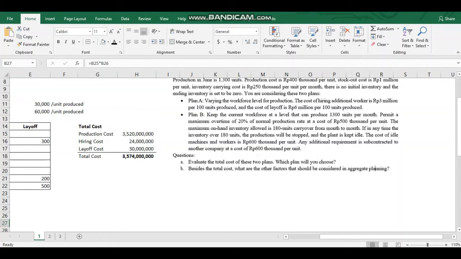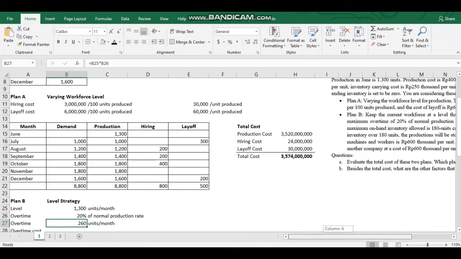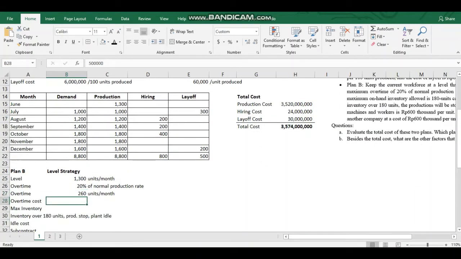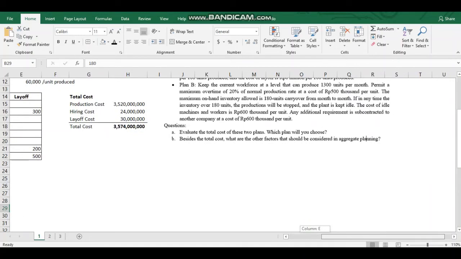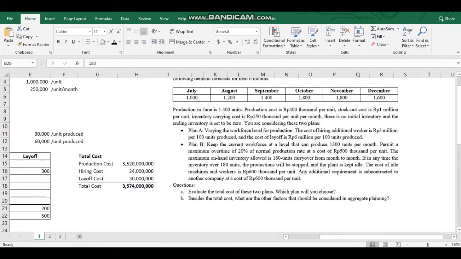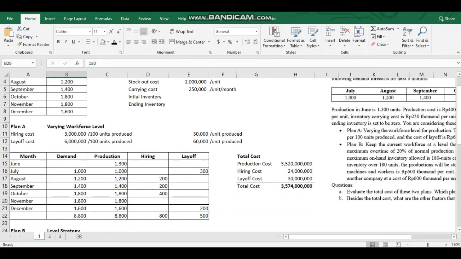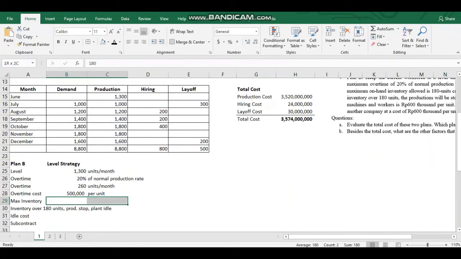And then for the overtime cost of normal production at a cost of 500,000 per unit. Okay, so the cost of overtime is 500,000 per unit. And then the maximum on-hand inventory allowed is 180 units carryover from month to month.